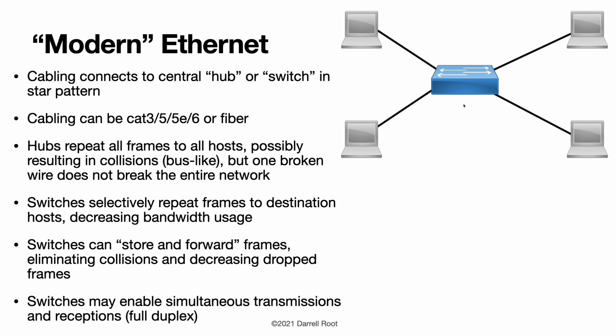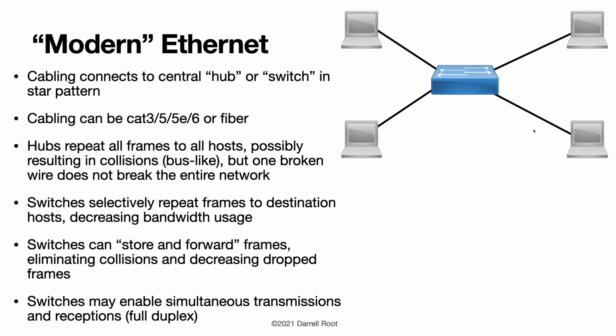Switches can store and forward frames, which can also help to eliminate collisions. So if the top right and the top left both transmit to the bottom right at the same time, the switch will store both of those frames and then transmit them sequentially to the bottom right, eliminating a collision.